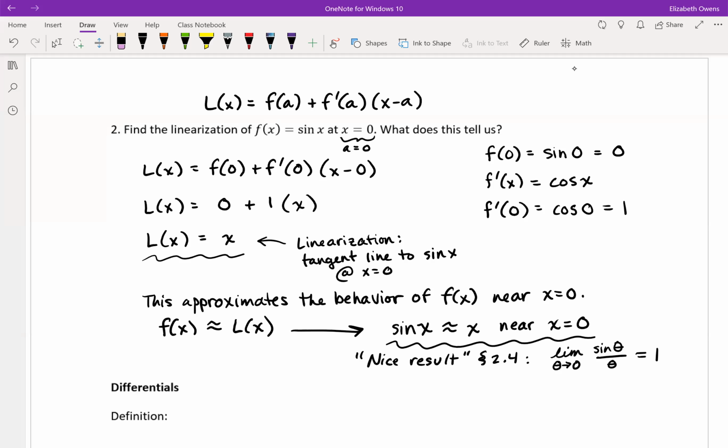And so this result with the linearization is actually just saying the exact same thing, but in a different way. We're calling our angle x. We've used a linearization here, but the sine of that small angle is basically equal to the value of the angle itself, as long as the angle is really small. So it's still a nice result.